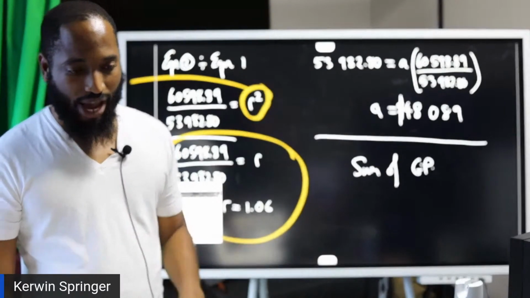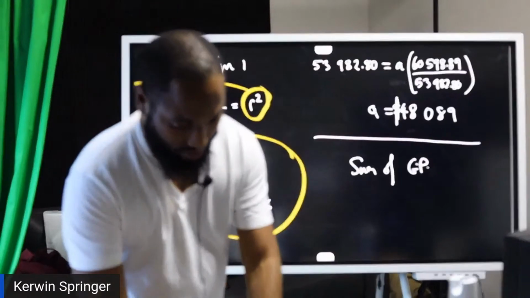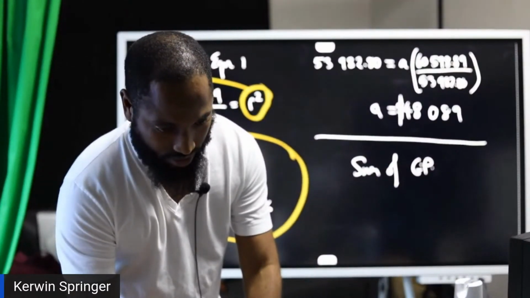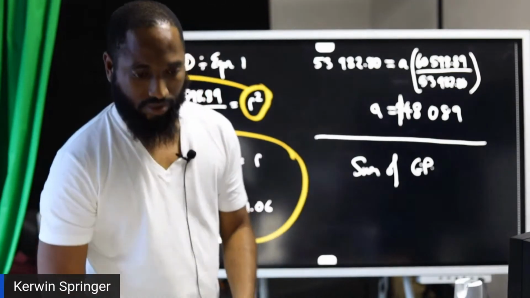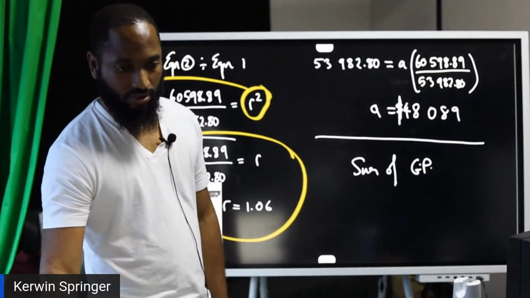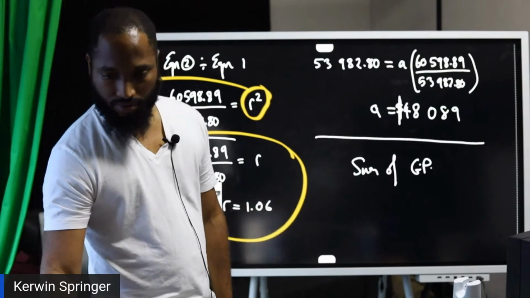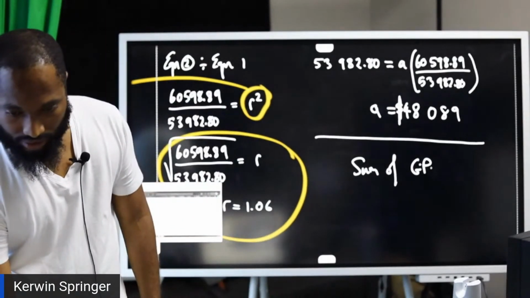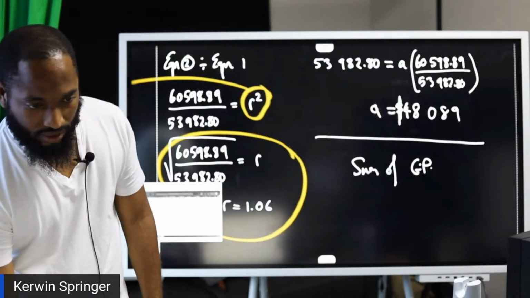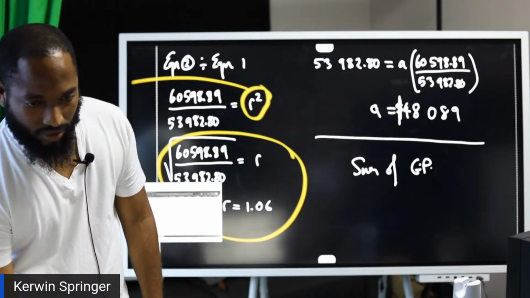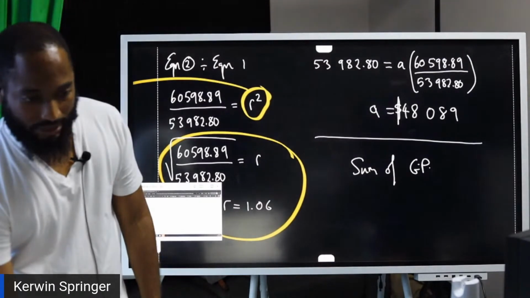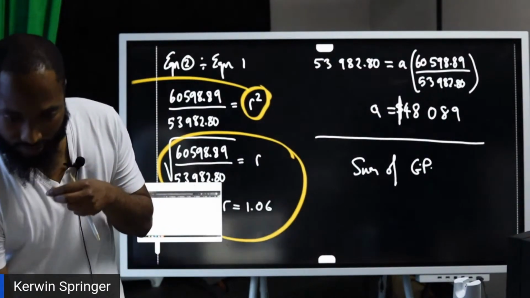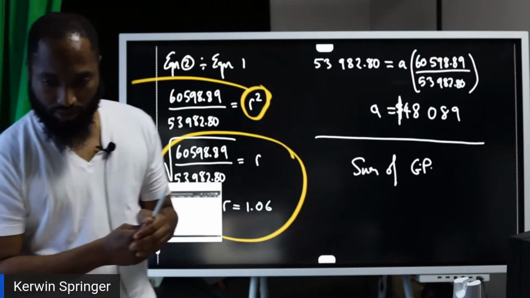Sum of a GP where R is positive. I'm not seeing the correct thing yet. Some people bring sum to infinity. The sum of a GP where R is positive. Right, I've seen it now.